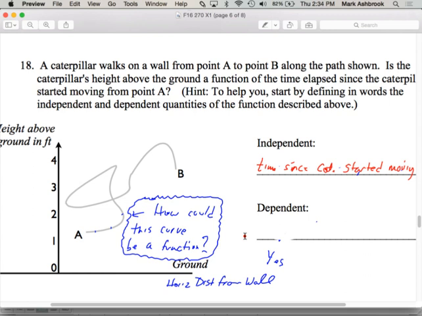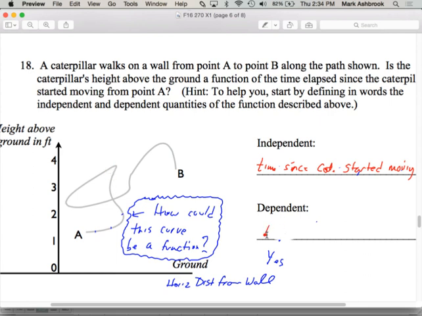So what is unique for every time? What is unique for every time that's gone by? Both, right? And how could we sum that up together? What could we say? Given for every time, the caterpillar has exactly one location.